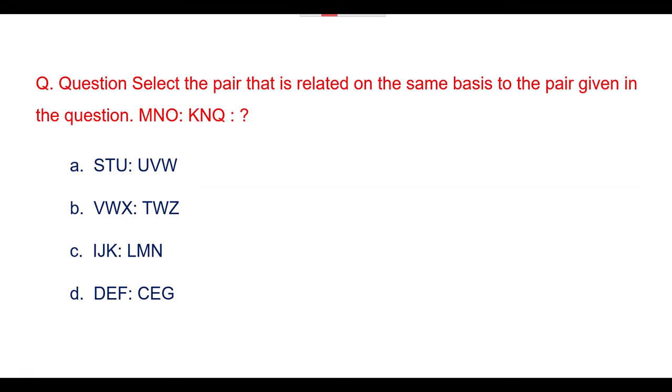M and O, K and Q. What is the next pair? M and O somehow map to K and Q.